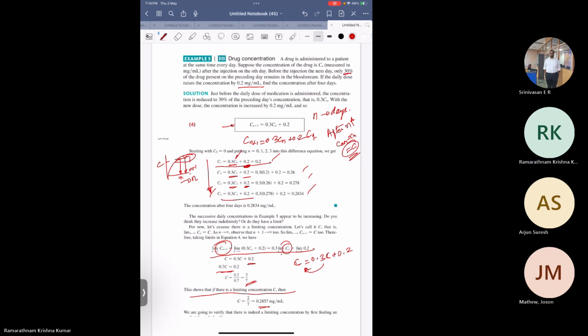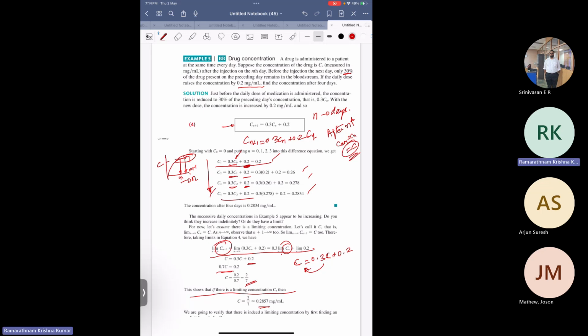What does it mean? Maybe at the 5th day, if it reaches 0.2857, it will remain constant in your bloodstream. Is that clear, guys? Yes, sir. So it is interesting.